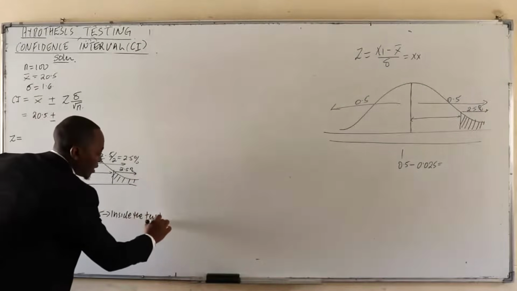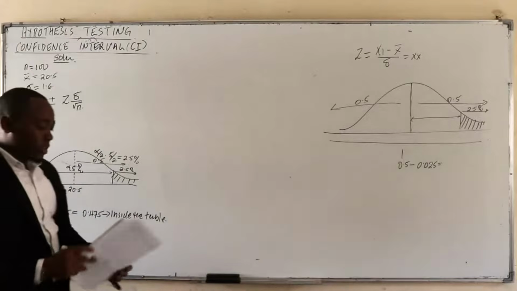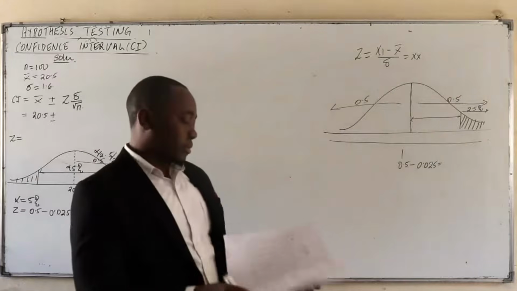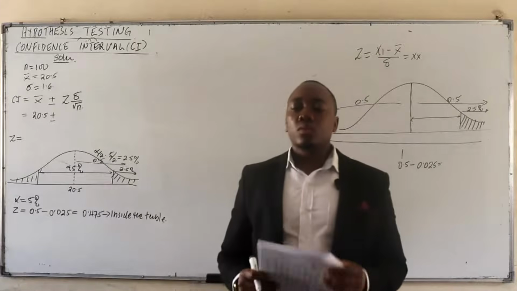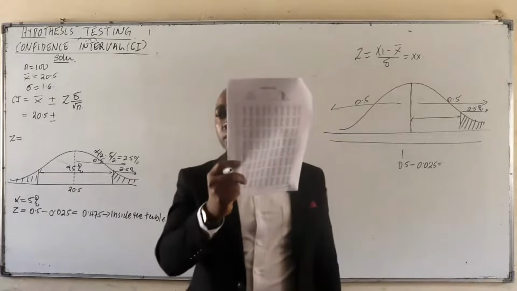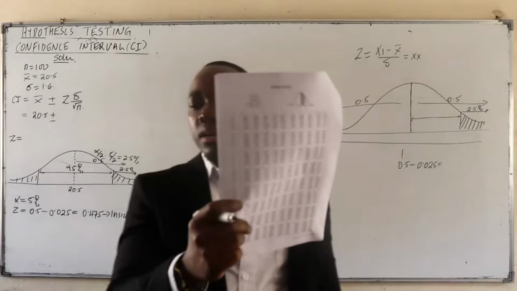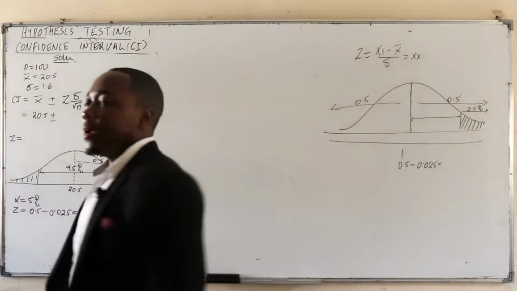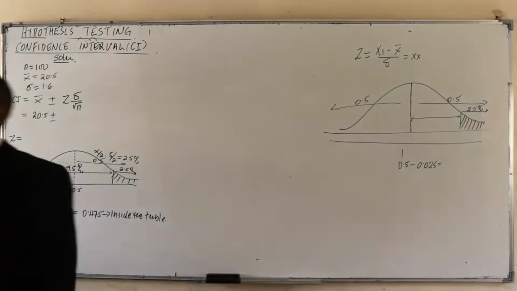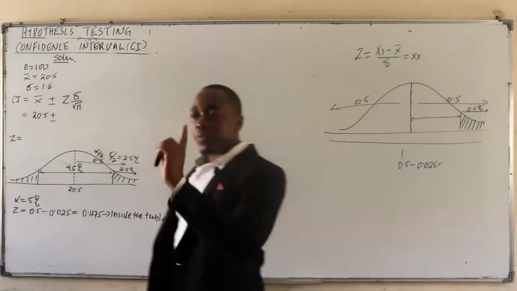Can you go to the Z distribution curve, the normal curve? Now, go inside the table, not from the table.